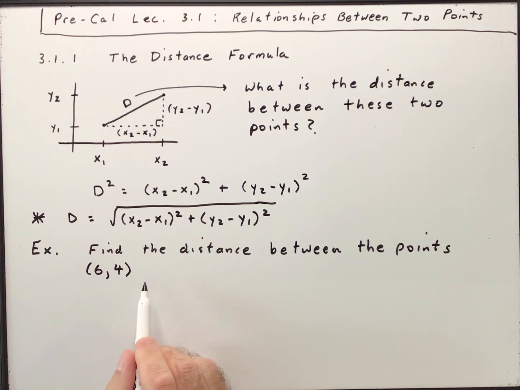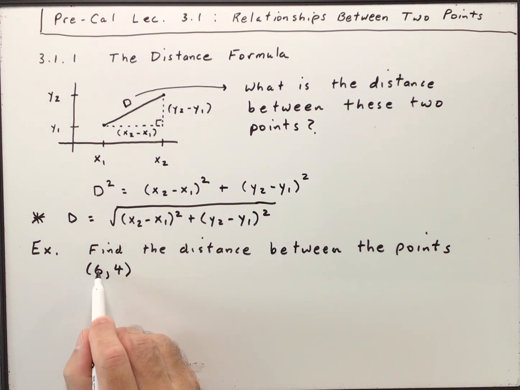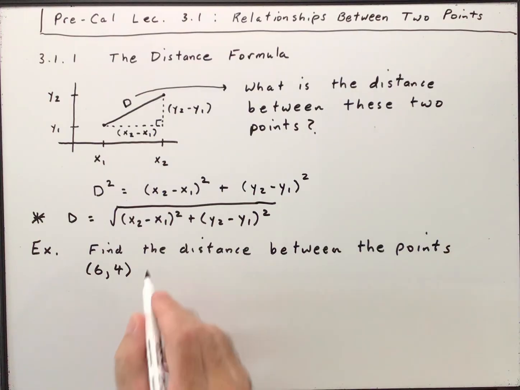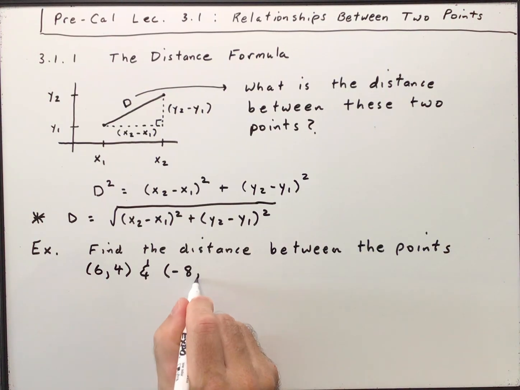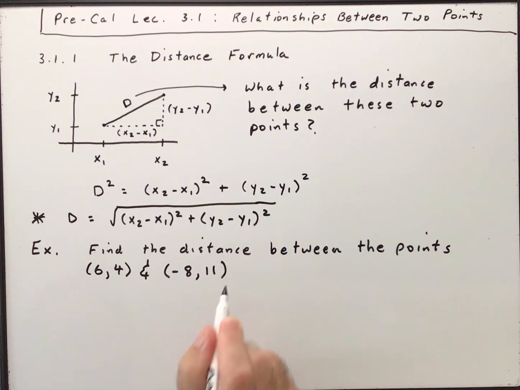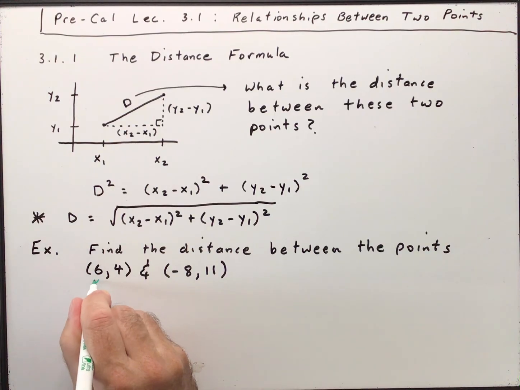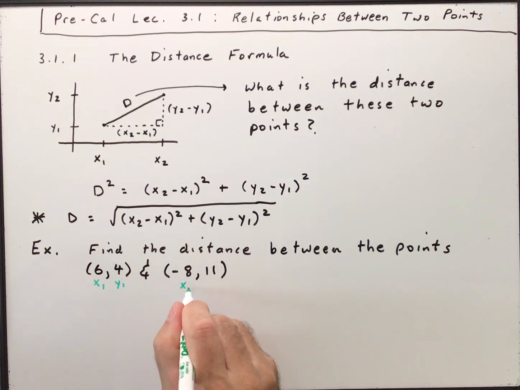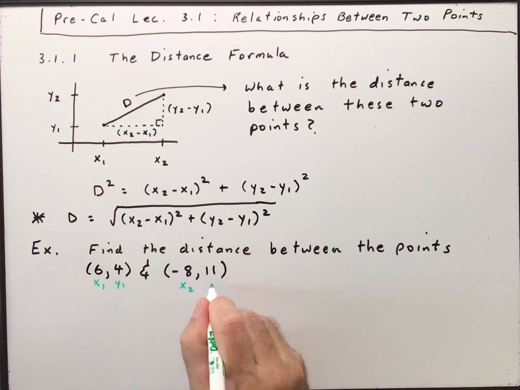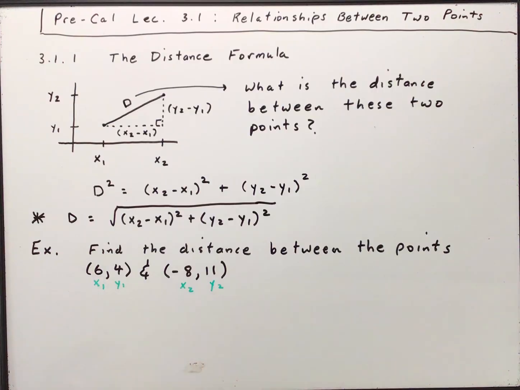So this is just points on a graph. X is 6, y is 4, and (-8, 11). Okay, so if we want, we could call this 6 x1 and the 4 y1. The -8 could be x2 and the 11 could be y2. Or you could reverse that and put the 2's over here and the 1's over here.